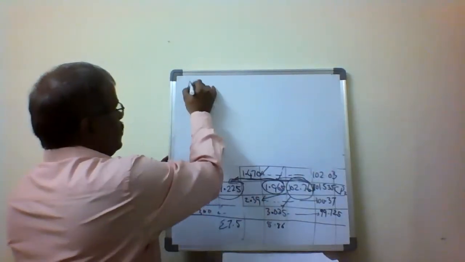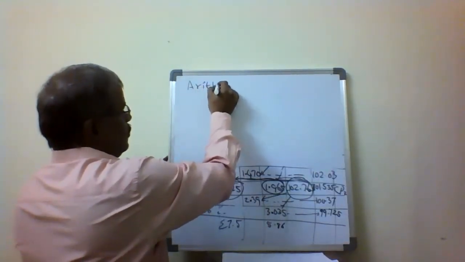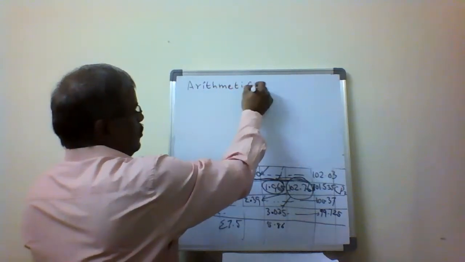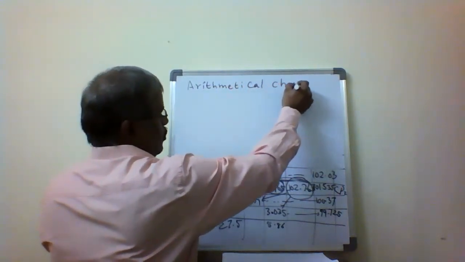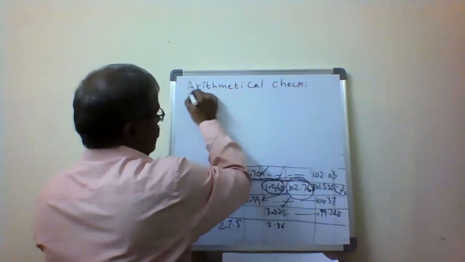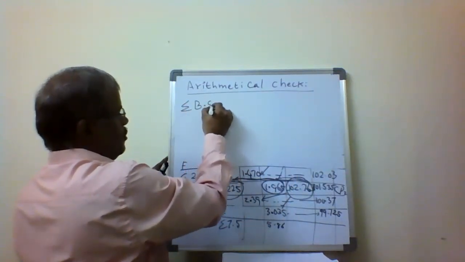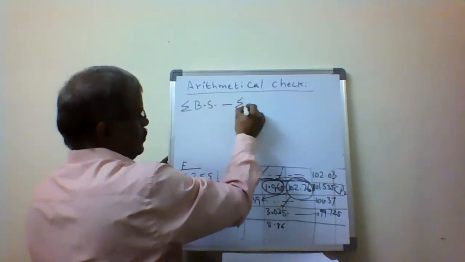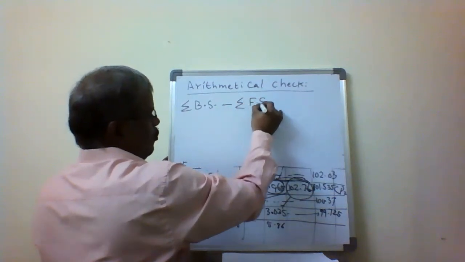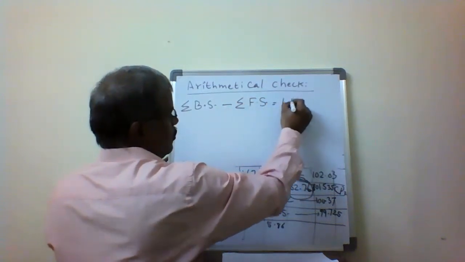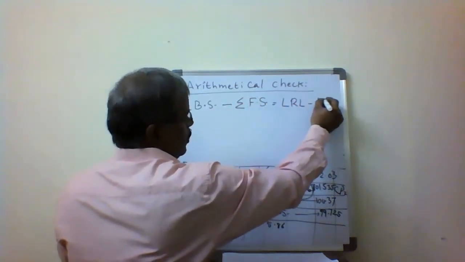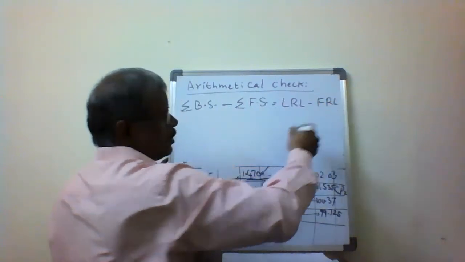So, the arithmetical check. Sigma BS minus sigma FS equals last RL minus first RL.